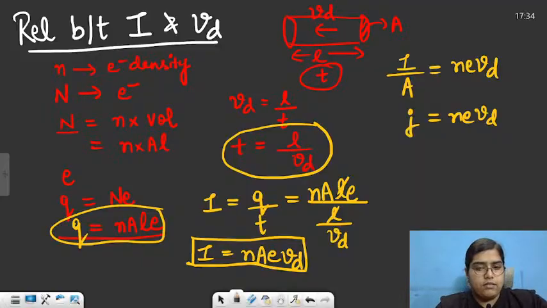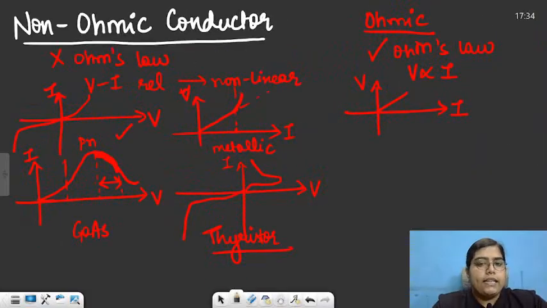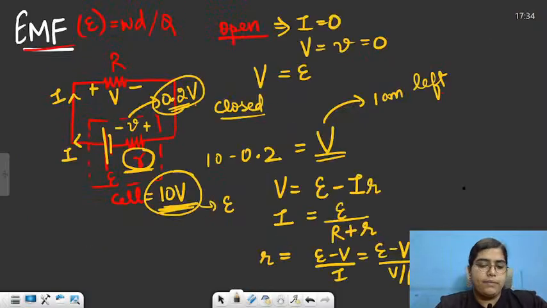The formula was I equals nAeVd. Then we discussed temperature dependence of resistivity for metal, semiconductor, electrolyte. Then we discussed ohmic and non-ohmic conductors and the basic difference between them. And the last topic was EMF.